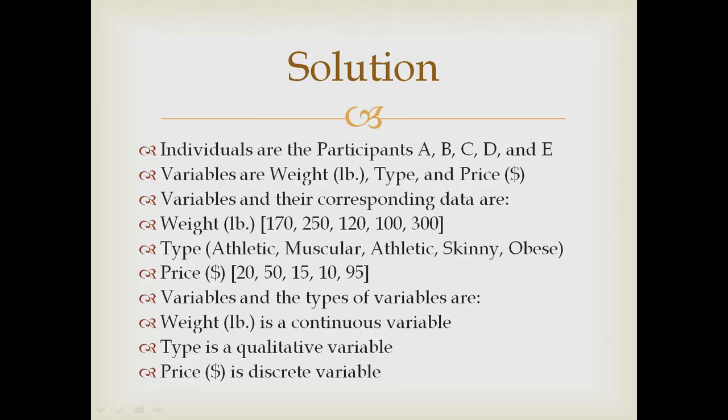The types of variables: weight is a continuous variable. You can measure it. Type is a qualitative variable, and the price is a discrete variable. You count price, while weight you measure, so it's continuous.